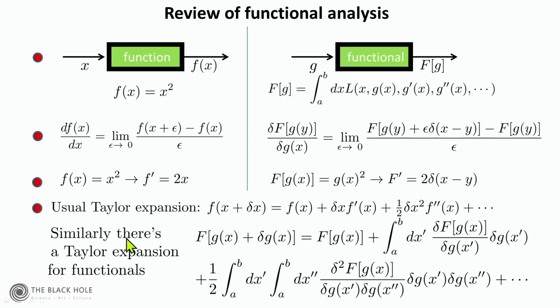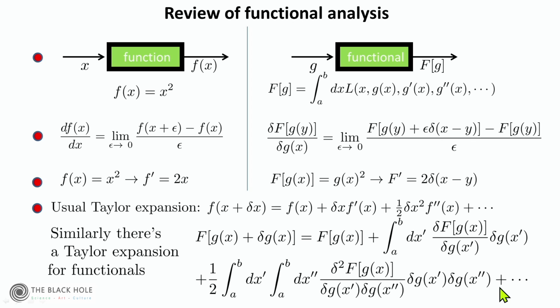Similarly, there's a Taylor expansion for functionals. So if I take a functional and I disturb it by adding delta g of x, well, then I get to 0th order this, to first order this. See, first order I'm saying because there's only one delta g over here, just like there's only one delta x over here. And then at second order, I get the second functional derivative, and then two of these delta g's.